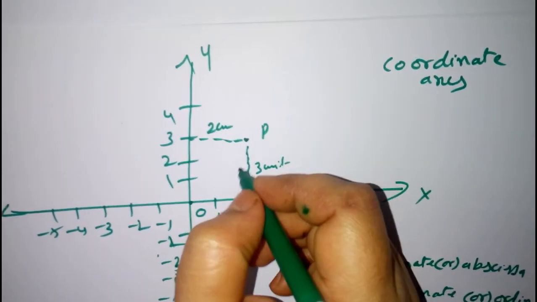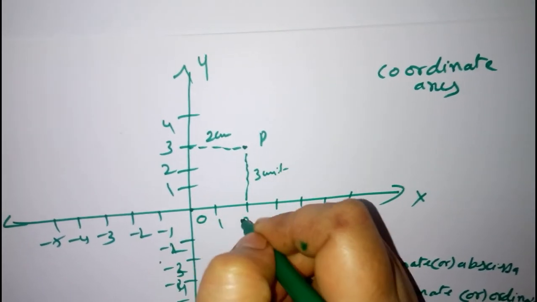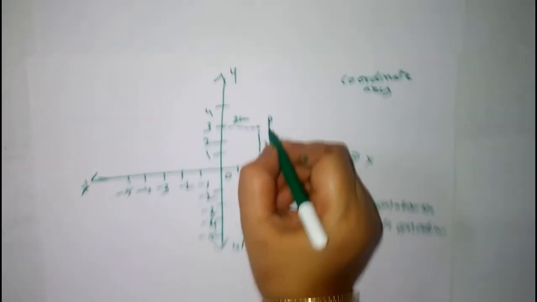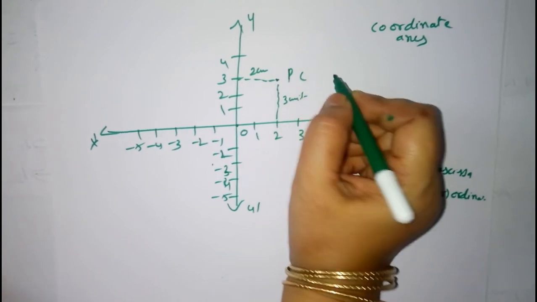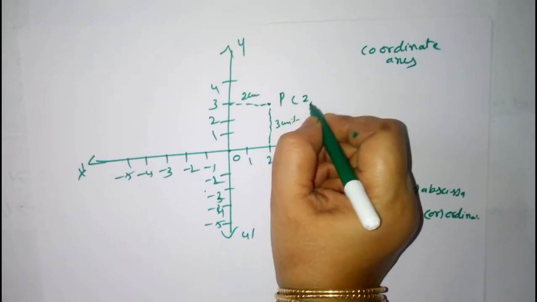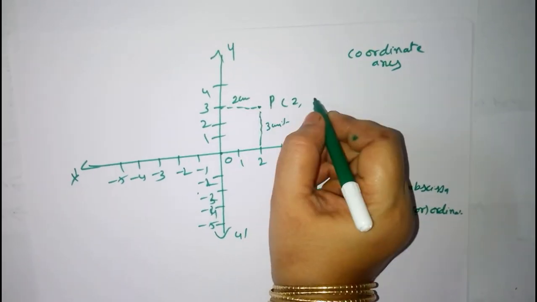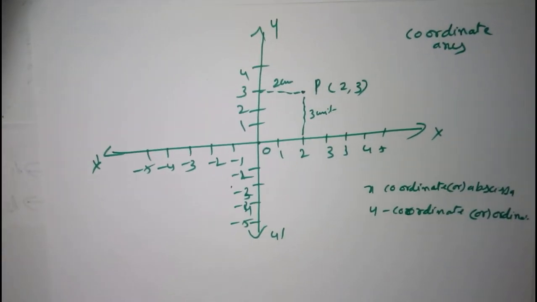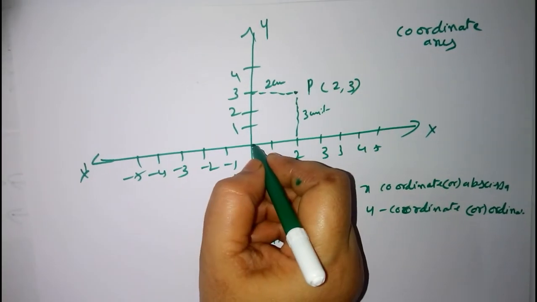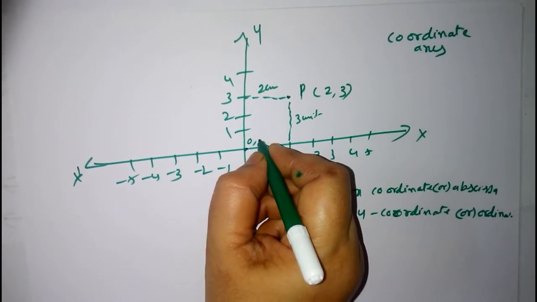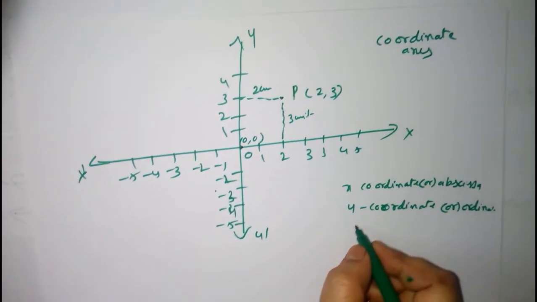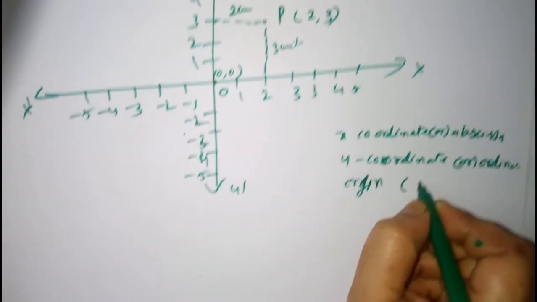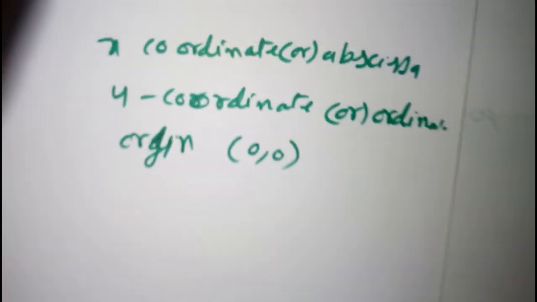So this point you can represent with the x value first, that is 2, and then the y value, that is 3. This point you can represent as (2, 3). The origin we represent with (0, 0).